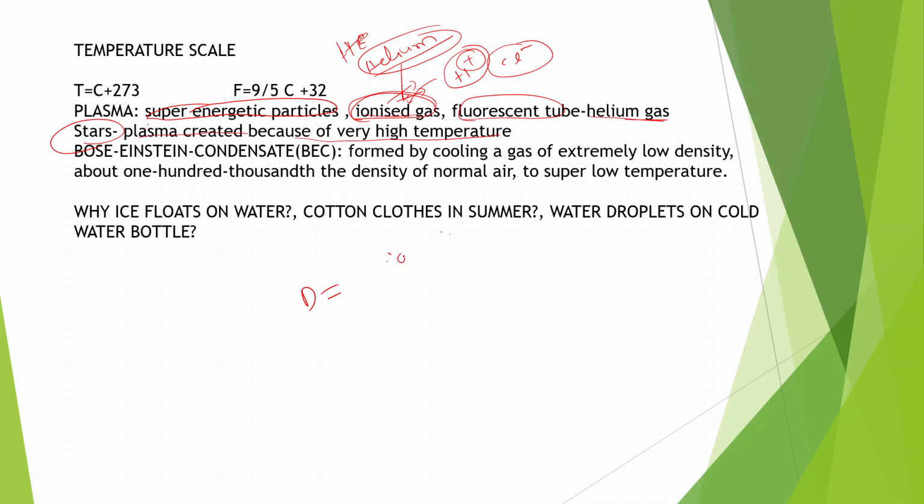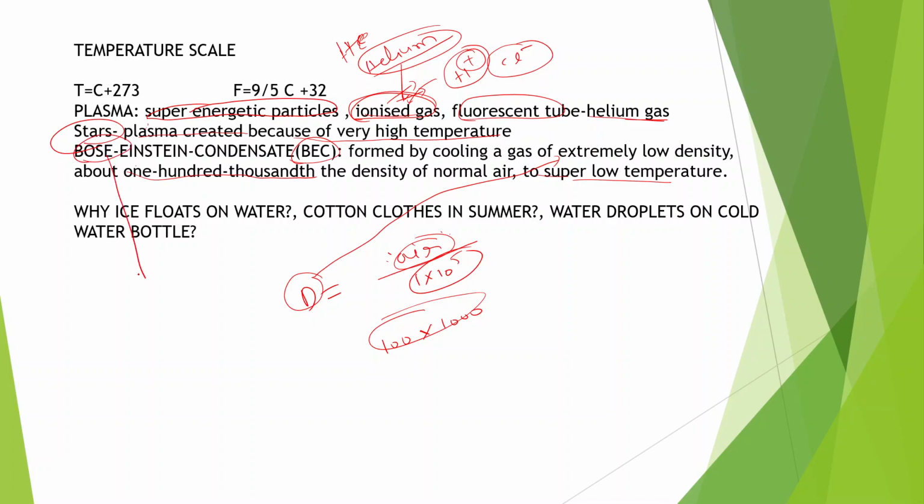Then we have to divide the density of air by 1 lakh, 1 into 10 to the power of 5, that is 100,000, and we will get this extremely low density. So when you cool the gas to this much density and to super low temperatures, we will form this state of matter, Bose-Einstein condensate.